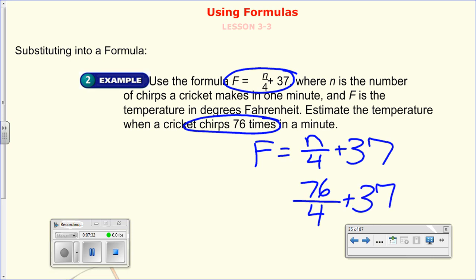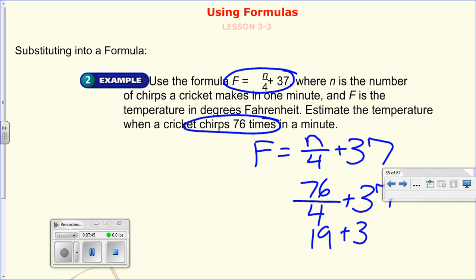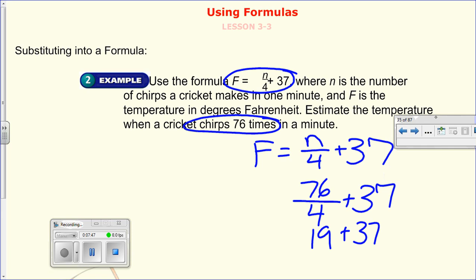Well, 76 divided by 4, if you divide that out, you're going to get 19. All right, so we have 19 plus 37. So if we add that together, this is going to give us how warm it was in degrees Fahrenheit. Well, 19 plus 37, it was 56 degrees Fahrenheit. That would be your answer.